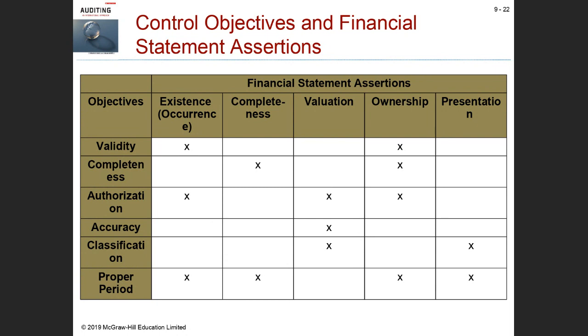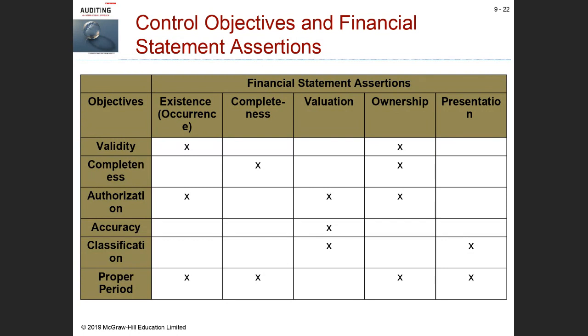So auditors are going to test the internal control system to obtain audit evidence about existence of transactions, completeness of transactions, valuation of transactions, okay? And after we obtain evidence from the internal control system as it relates to these assertions, then the auditors will decide what additional substantive procedures we need to do, okay?